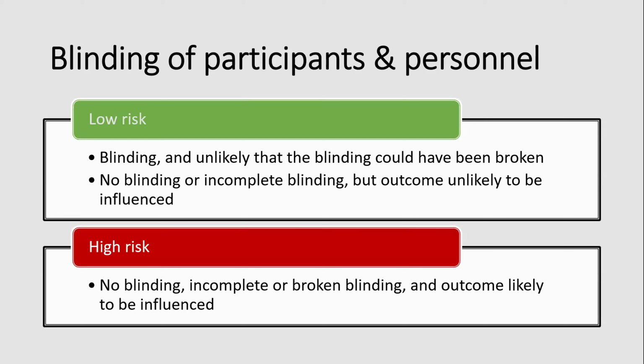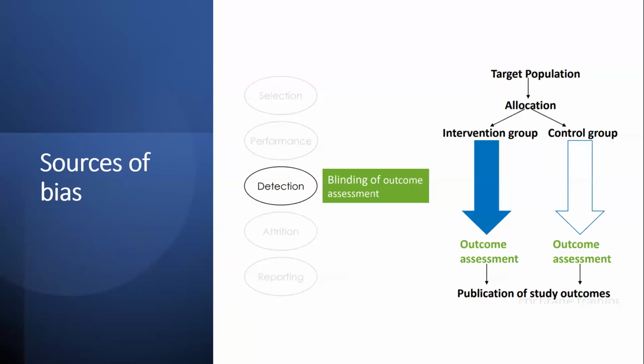Sometimes the study has to be kept open label. So it depends on the study whether the blinding was really required or not. Simply, we cannot say they did not mention blinding, so we will grade it as a high risk of bias.